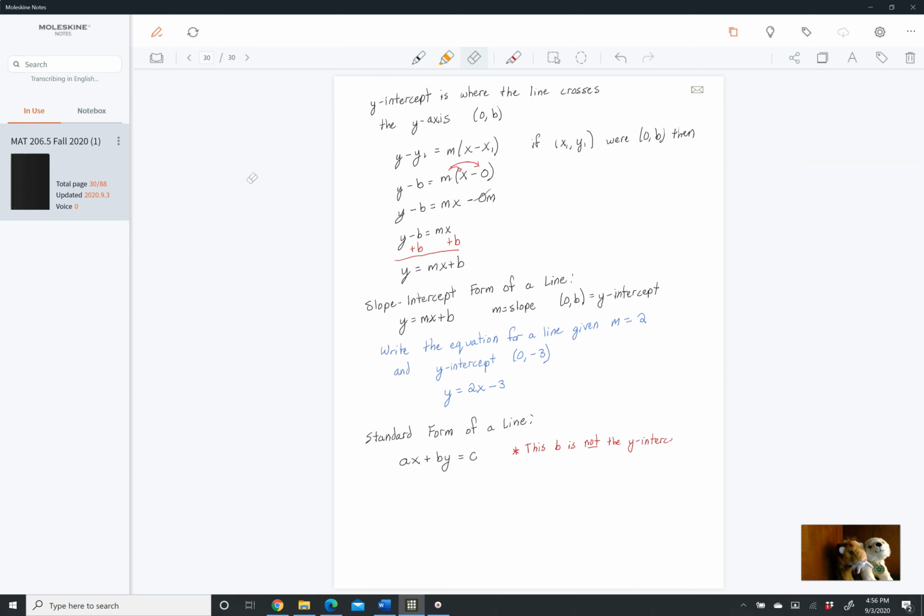And the second thing to note is a, b, and c must be integers. So if you wind up with fractions, you have to get rid of the fractions. Okay? And the x always comes first. So don't write it as by plus ax. Okay? It's ax plus by. Okay. So let's just take a look at this and go back and forth from one to the other.